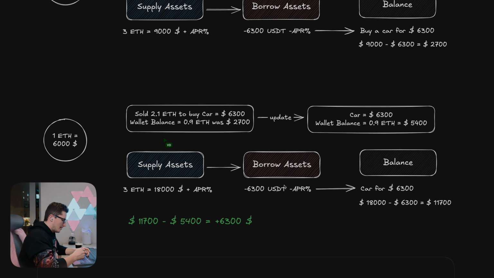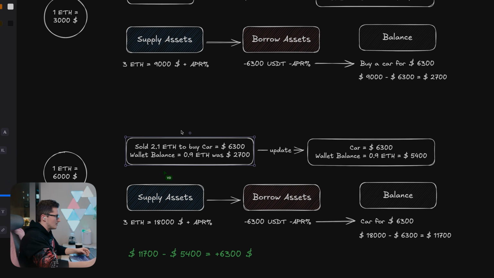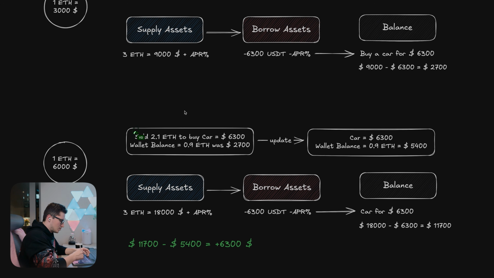First case, with the wallet: I actually just copied the result to here. We sold 2.1 ETH, we bought the car, and we have a wallet balance of 0.9 ETH, which was $2,700. And there's an update because the price changed.